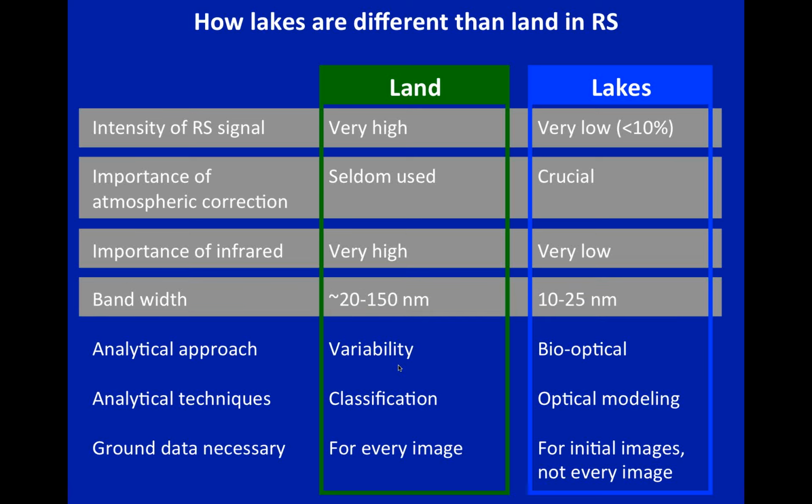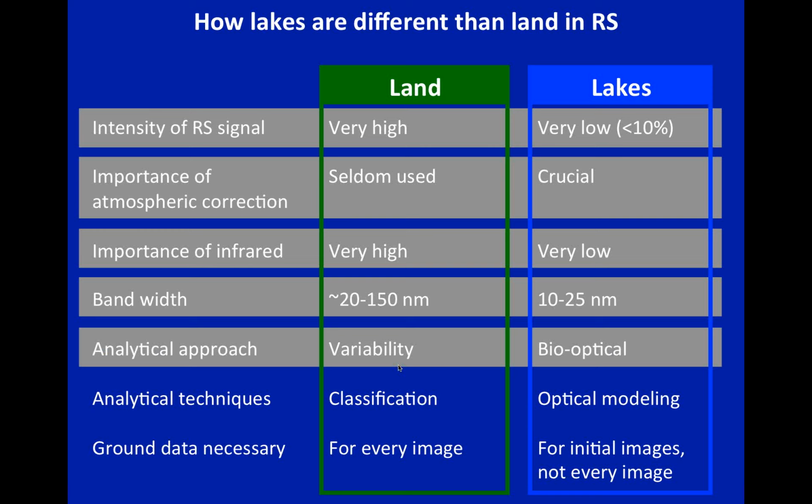And also, water features, as we'll see, need very discrete bands, the ability to measure very fine differences in what's going on in that wavelength range, where land sensors often are wider. And the approaches are very different. In land, you're looking for variability.